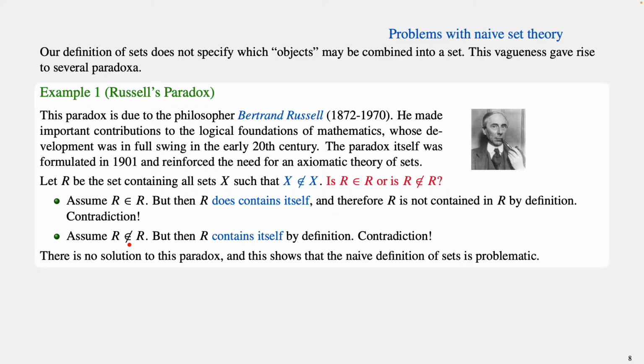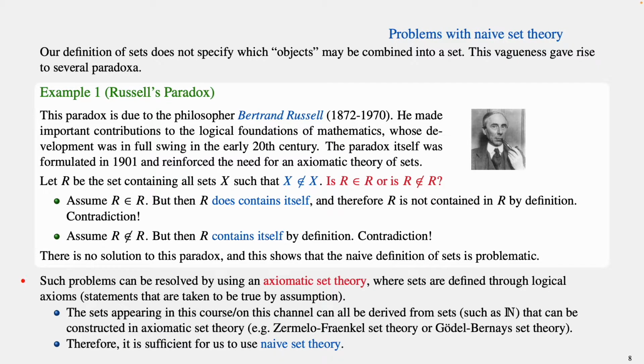Now assume R is not contained in R, but then, by the definition of the set R, all the elements in R are precisely those that do not contain themselves, but that would imply that R does contain itself. And again, we have a contradiction. And there's no solution to this paradox, and this shows that it is a bit problematic if you just allow sets to contain completely arbitrary things.